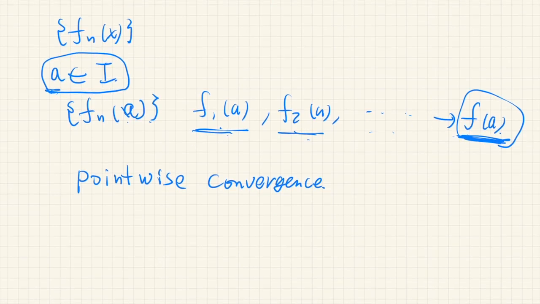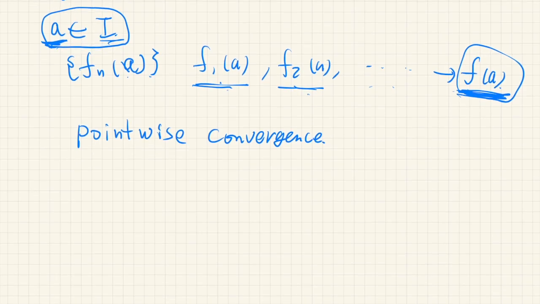So let's repeat. We pick each point in the interval one by one, then study the convergence. So in a logical form, we can write this situation as this. For all points A in the interval, this sequence converges to this.